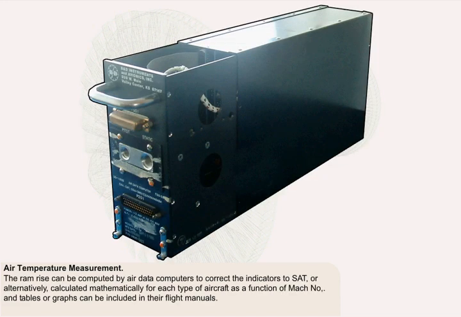The ram rise can be computed by air data computers to correct the indicators to SAT, or alternatively calculated mathematically for each type of aircraft as a function of Mach number, and tables or graphs can be included in their flight manuals.